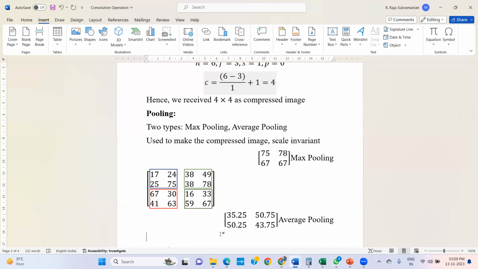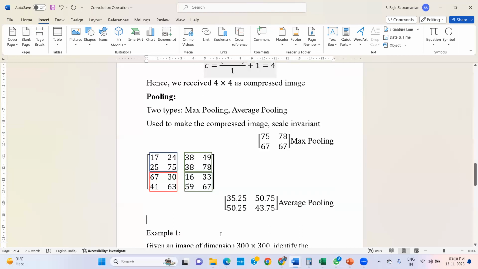The phenomenon of average pooling is slightly different. It says that whether the pixel is dominating or not, its contribution should be valued. So I take all the pixels in the window and take the average with equal weightage, so that the contribution of all the pixels is taken into account when you do compression. That is what average pooling is.